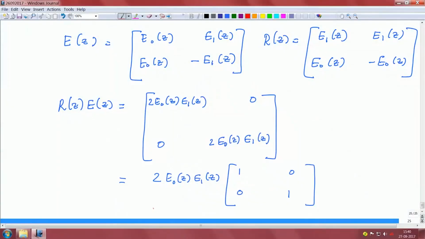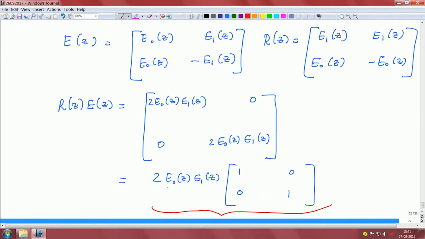If you closely observe this equation here, which is basically 2 times E naught of z, E1 of z times an identity matrix, we have a little more freedom in the choice of E naught of z and E1 of z than just an identity matrix. So, one question that might come to your mind is, how can we ensure that this is perfect reconstruction?